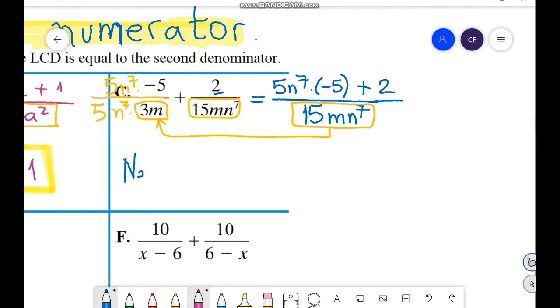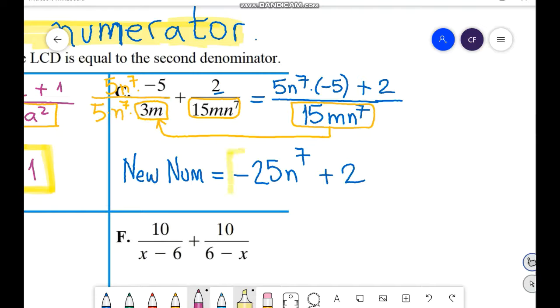The new numerator is equals -5 times 5, -25, and 7 plus 2. Today you don't need to represent the whole fraction. Just need to represent to answer the new numerator. Okay.